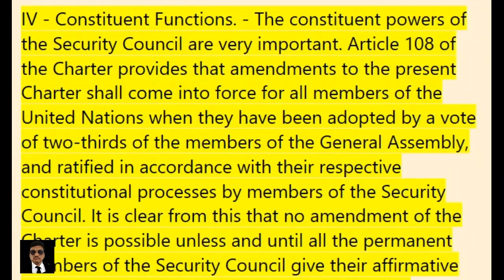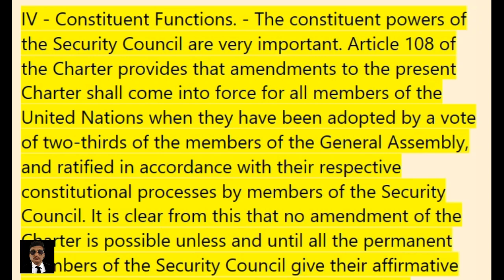4. Constituent functions. The constituent powers of the Security Council are very important. Article 108 of the Charter provides that amendments to the present Charter shall come into force for all members of the United Nations when they have been adopted by a vote of 2/3 of the members of the General Assembly, and ratified in accordance with their respective constitutional processes by members of the Security Council.